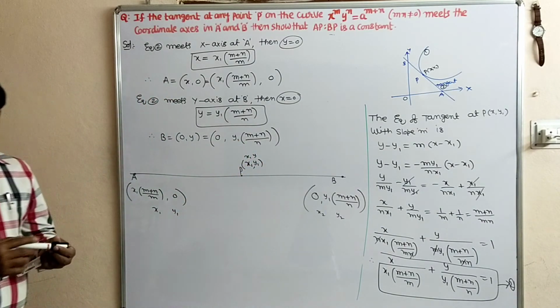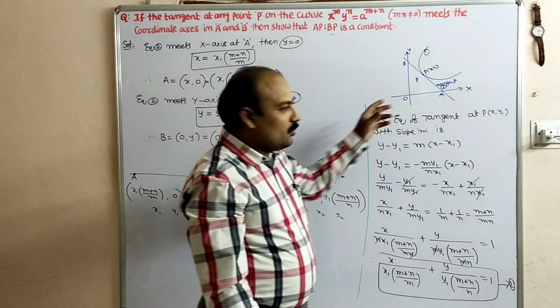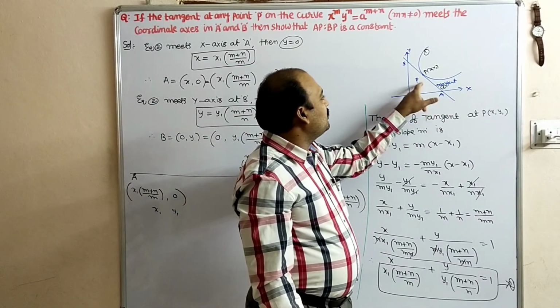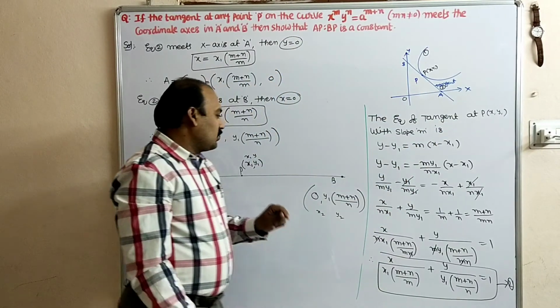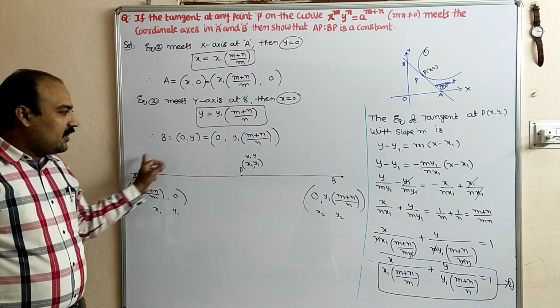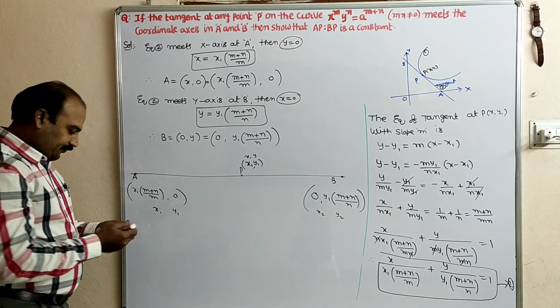In the earlier classes in the geometry part, I explained that they are asking to prove AP is to BP. So now the point P divides the line segment AB in the ratio. We have the formula.